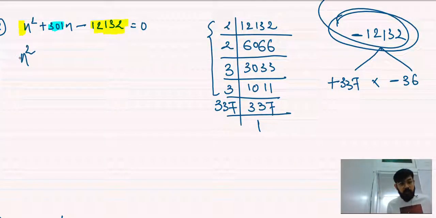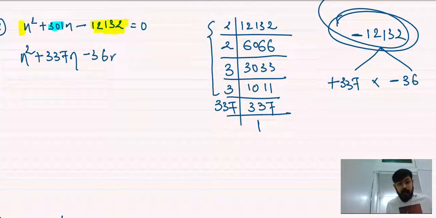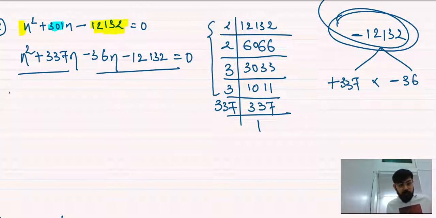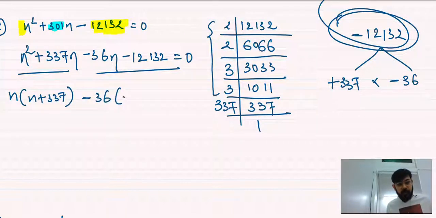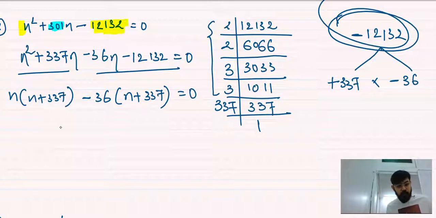So let me factorize it further. n square plus 337n minus 36n minus 12132 is equal to 0. Let me factorize. This becomes n bracket n plus 337 minus 36 bracket n plus 337 is equal to 0.